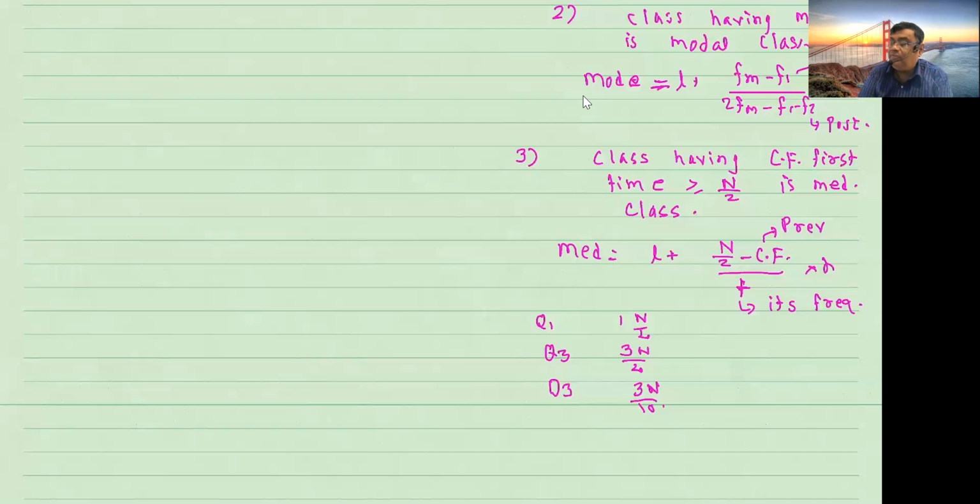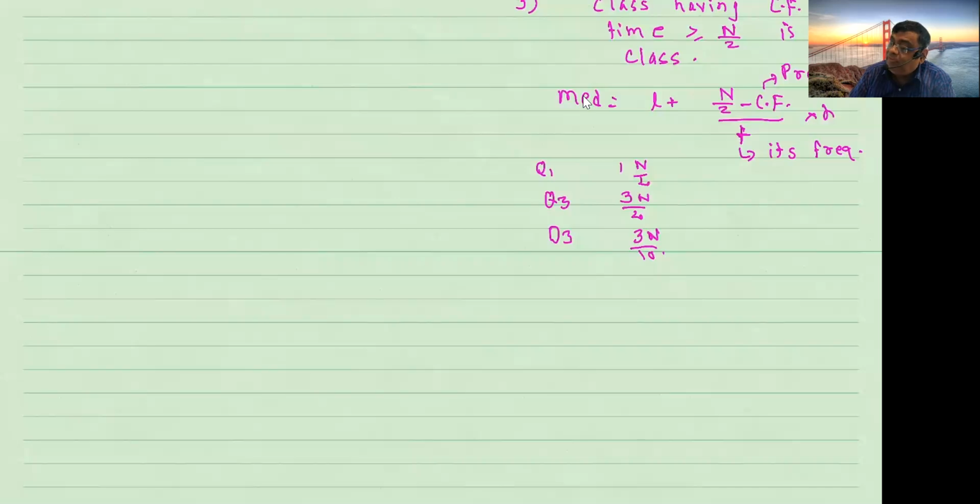This is all about that. Then remember, for geometric mean and harmonic mean, the procedure will be the same. For geometric mean, it is the capital Nth root of x1 raised to f1, x2 raised to f2, and so on. Same formula. And harmonic mean is capital N upon summation f upon x.